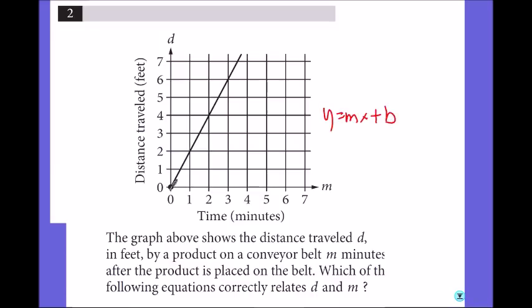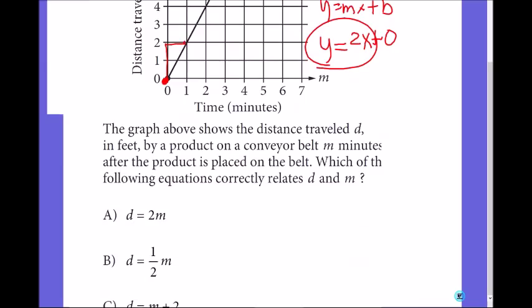The y-intercept, where x is 0, is 0. And the slope is rise over run, 2 over 1, which is 2. So y equals 2x plus 0. It doubles. x is m, so d equals 2m. So it's A.